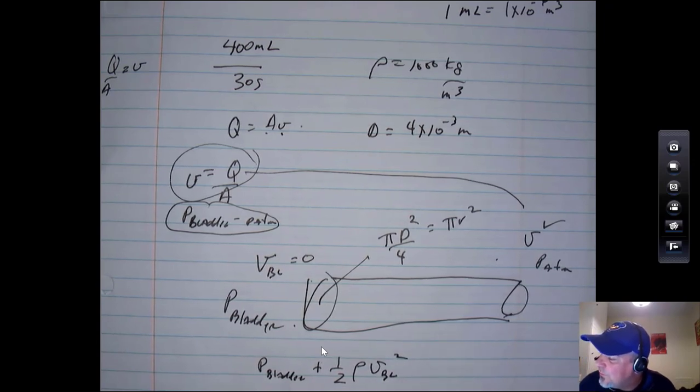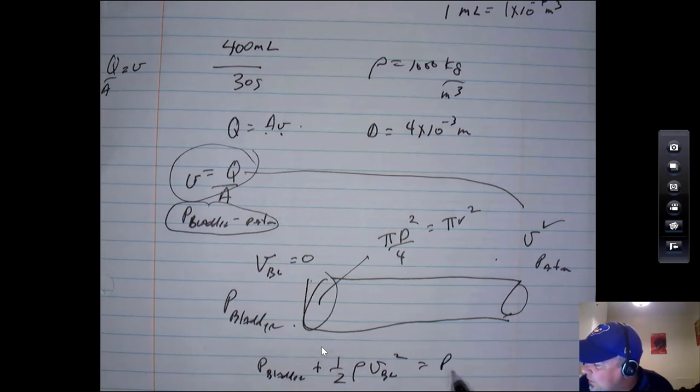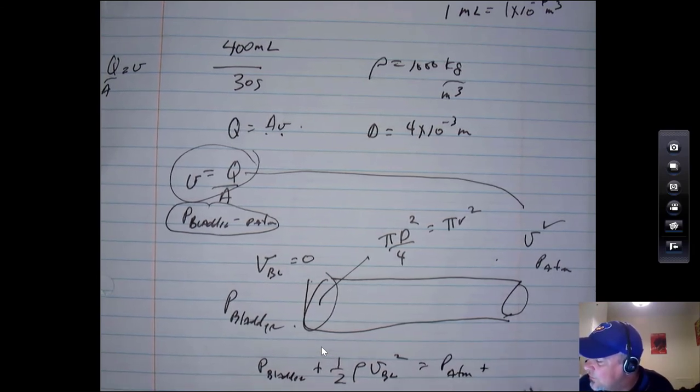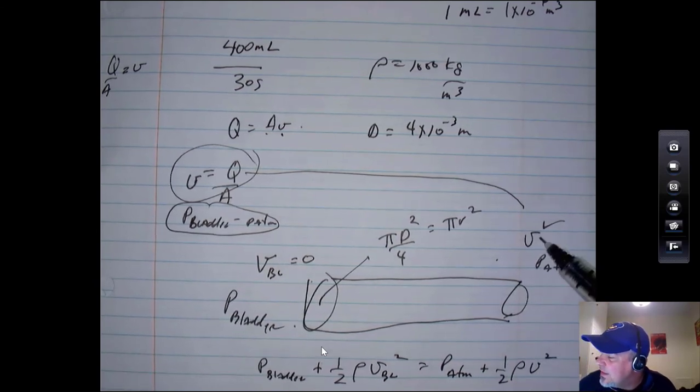There would also be a gravitational potential energy term, but it's the same here and here, so we don't have to include that. This would be equal to pressure atmosphere plus 1/2 rho v squared. And this is the v again that you figured out in the first part.